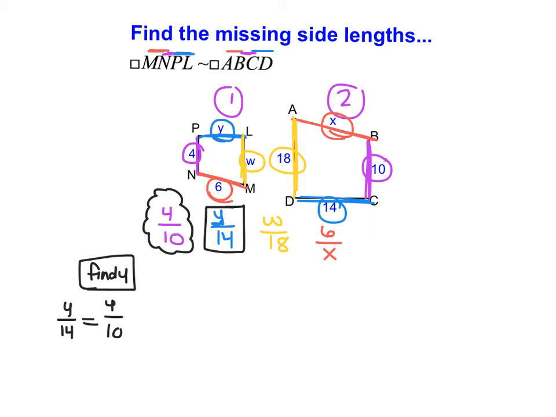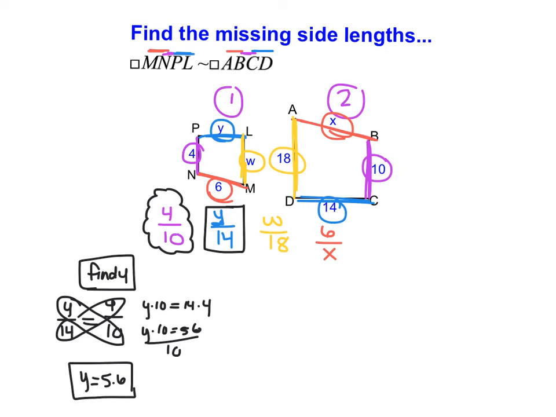So I set y over 14 equal to 4 over 10 because those are 2 ratios that need to be equivalent. I then cross multiply, so I end up with y times 10 is equal to 14 times 4, which is 56. I then divide both sides by 10, and I end up finding that y is equal to about 5.6. So I already found y.